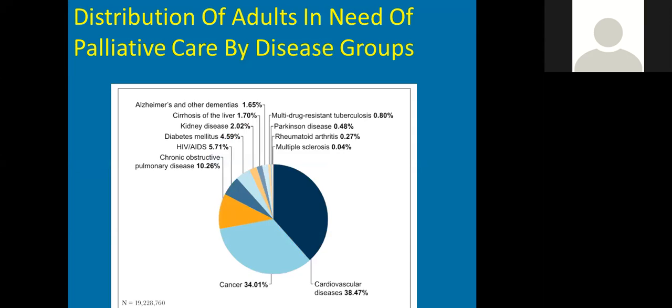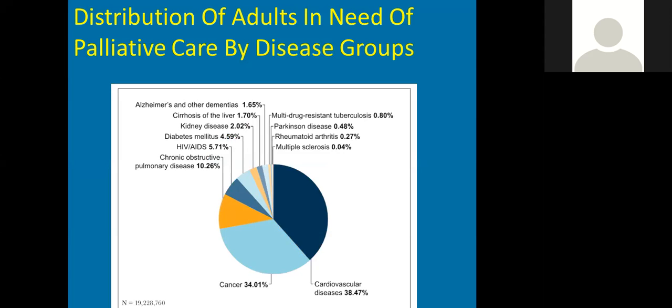If you look at the various conditions other than infectious diseases, the biggest chunk is coming from cardiovascular diseases. The major chunk where palliative care may be required is cardiovascular diseases.